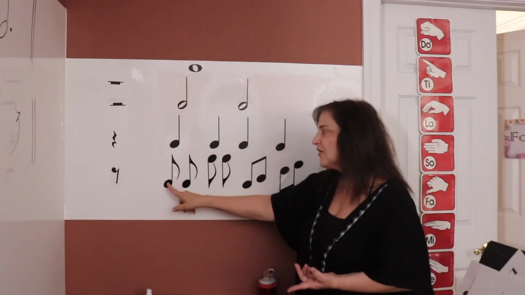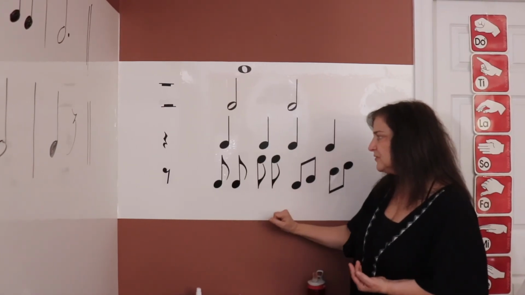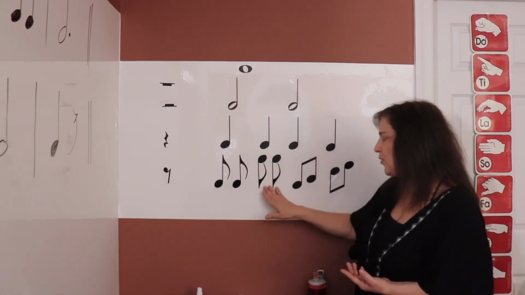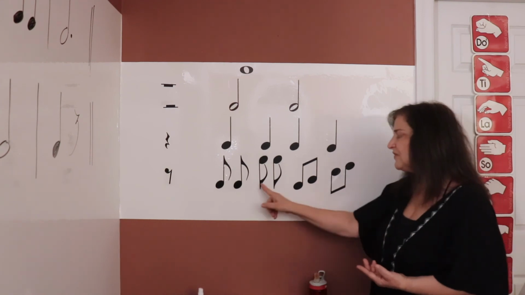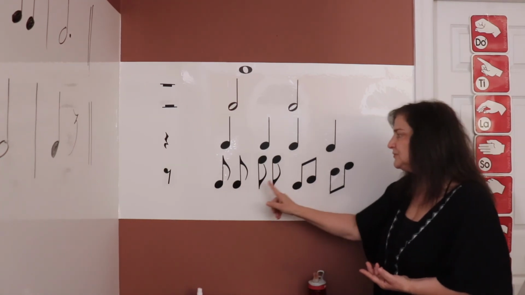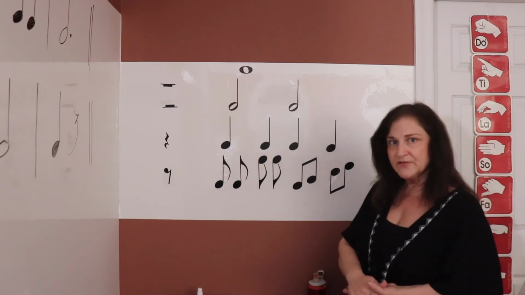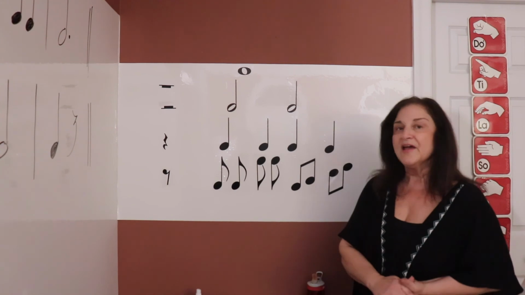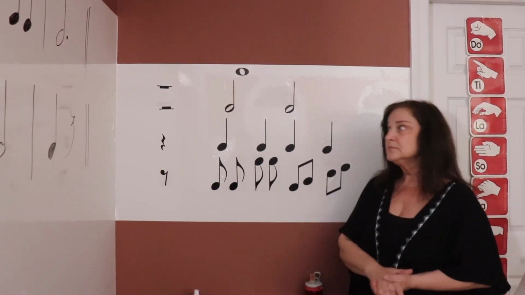And then we have our eighth notes with flags, and these are different ways eighth notes are written, with the stems pointing up, stems pointing down, with a beam, with flags, 1 and 2 and 3 and 4 and, and we know how we accommodate that for the 16th notes and so forth. We know that we have a dot after a half note that's equal to 3 beats.